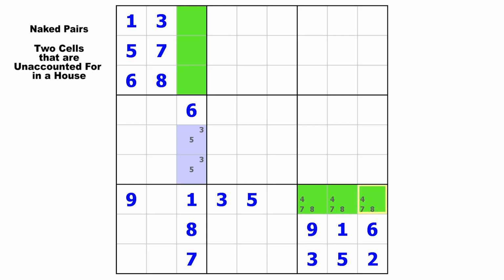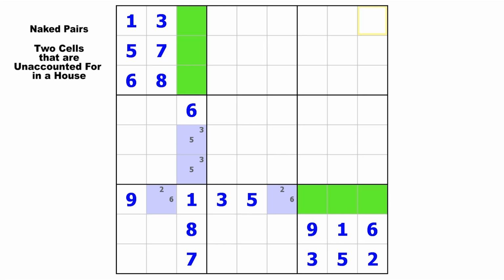Okay? And since they are locked into block 9 but also lie in row 7, we know that 4, 7, and 8 cannot appear anywhere else in that row. And because 1, 3, 5, and 9 are already placed in row 7, we know that these other 2 empty cells must contain a naked pair of 2 and 6 because those are the only 2 possibilities left for row 7.